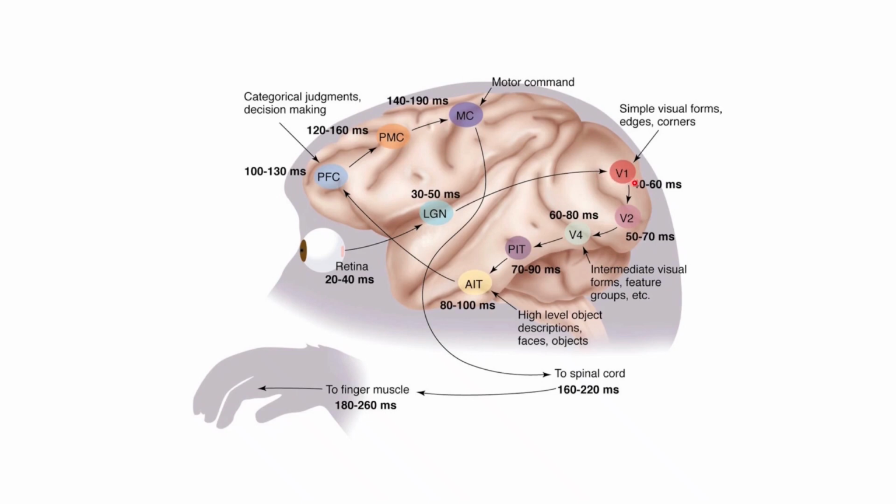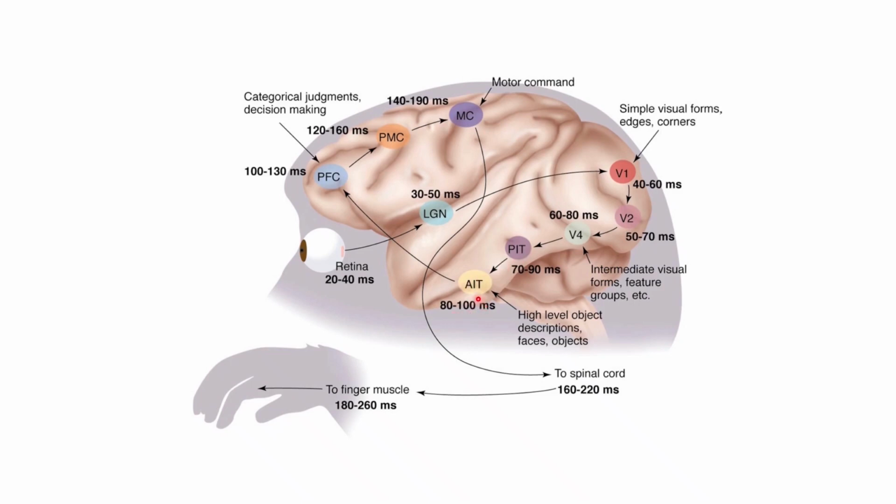By this time, already 40 to 60 milliseconds have passed since the light came on the retina. And then it goes to V2, then V4, then inferior temporal cortex, the posterior part, and then the anterior part. So by now about 100 milliseconds have passed.